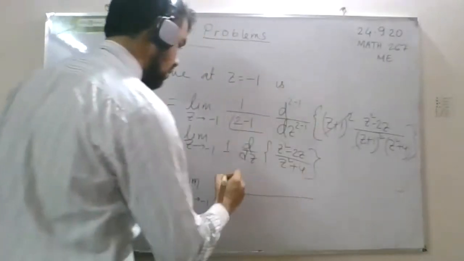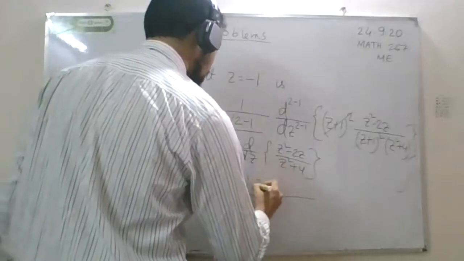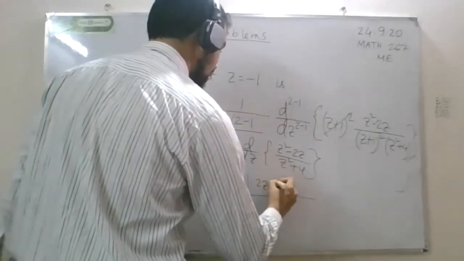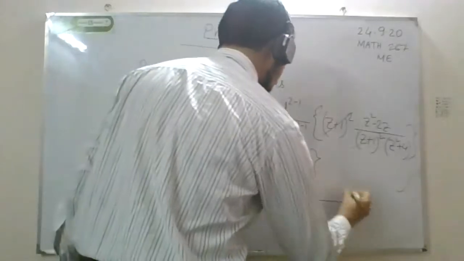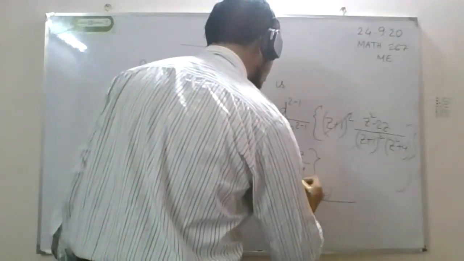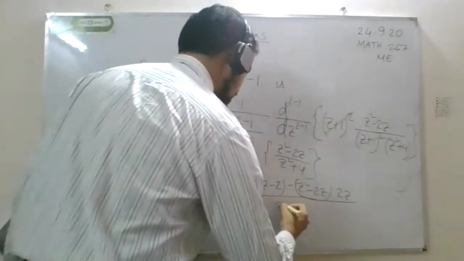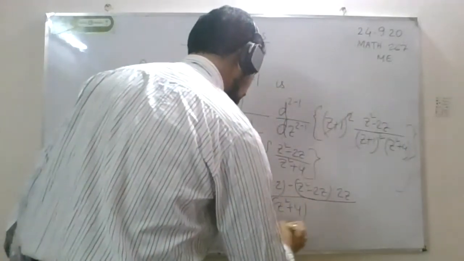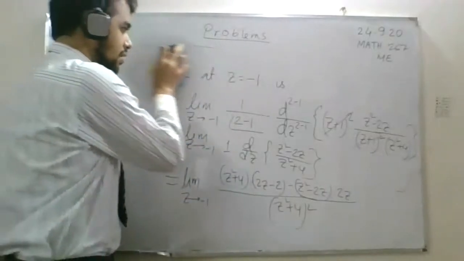Here you can write z square plus 4 into, if you differentiate it, you get this, and again z square minus 2z into 2z, and also this is z square plus 4 whole square. Now just simplify this equation.